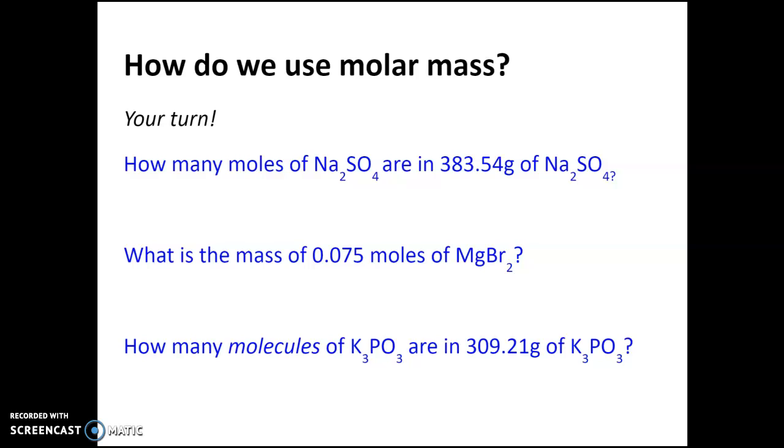Okay, so that last one is a little different, but you can do it. We talked about how to get from moles to molecules. So if you can get from grams to moles, you should have all the conversion factors that you need. Take a peek back at our introductory mole notes if you get stuck. Go ahead and try these on your own in your notebook. The solutions are on the next slide.